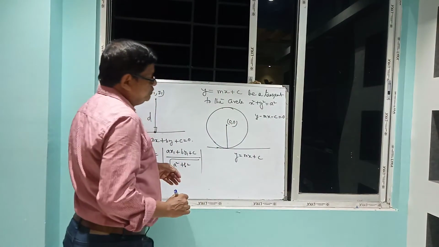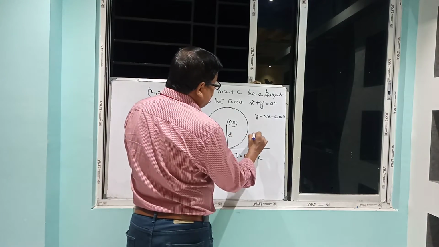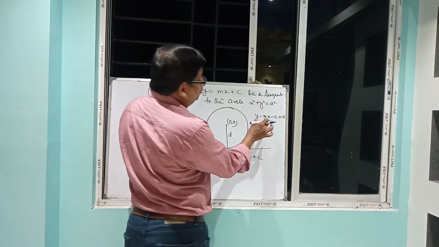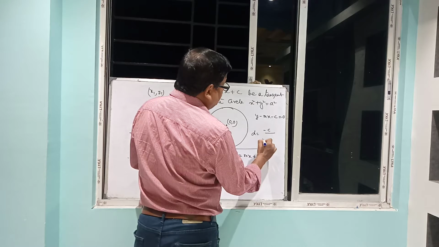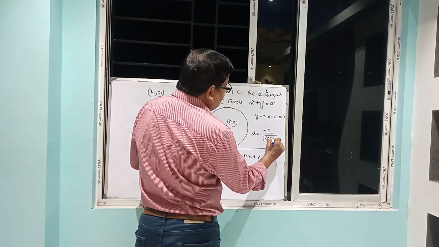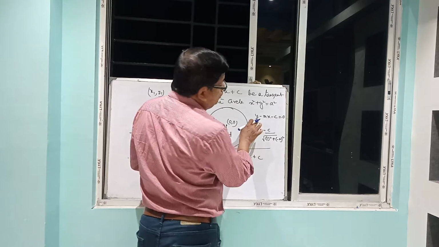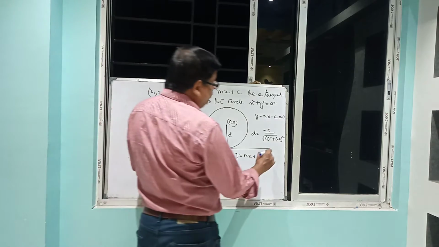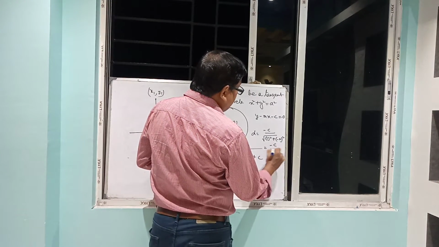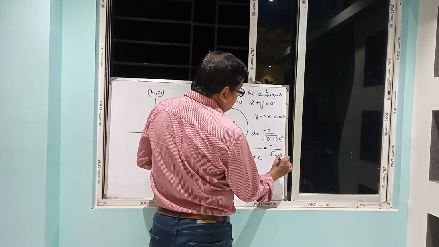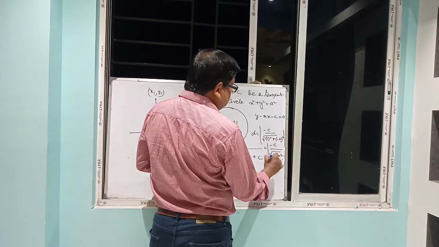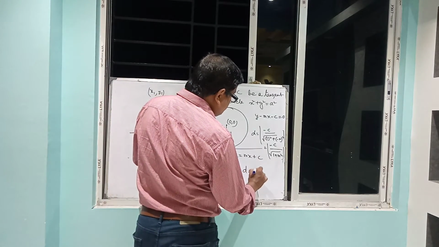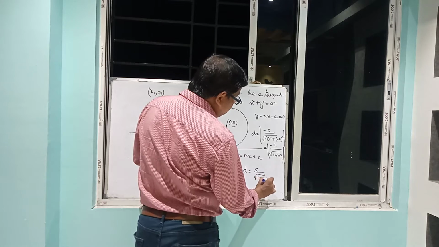So d equal to, both are 0 0, x0 y0, so this also 0, so minus c by root under 1 whole square plus minus m whole square, y coefficient and x coefficient. So it will be minus c by root under 1 plus m square. Take the positive value. So d equal to c by root under 1 plus m square.